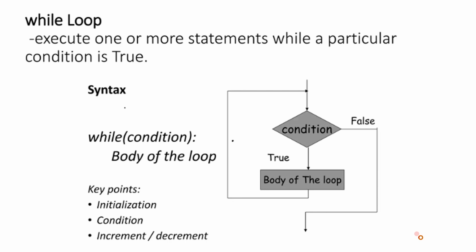Just below the line where you have written while condition, you have to mention the body of the loop, that is, the code that will run inside the while loop. Inside that body you have to write at least one line associated with either incrementation or decrementation. We will see this through some practical examples.